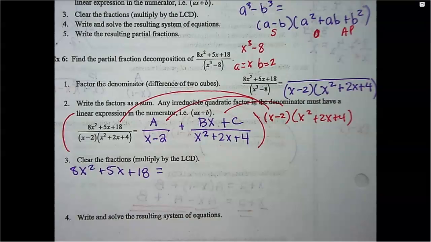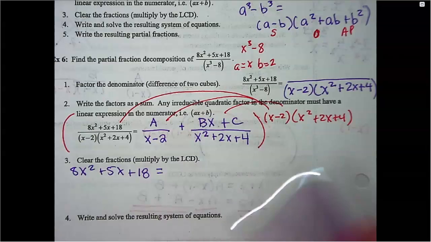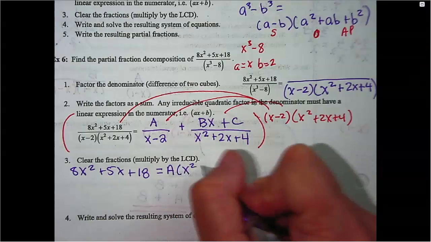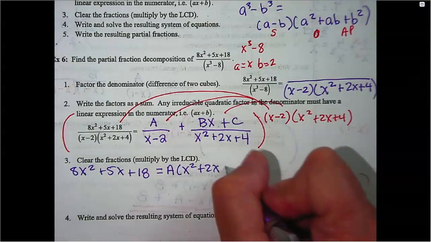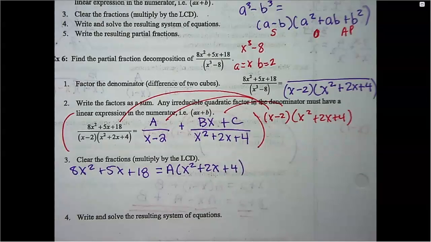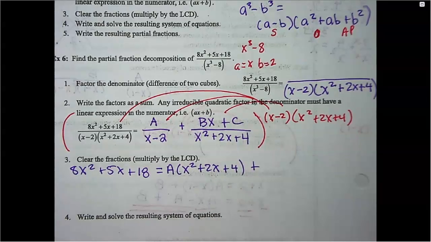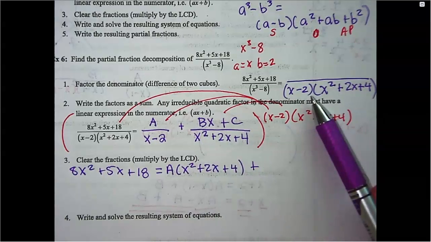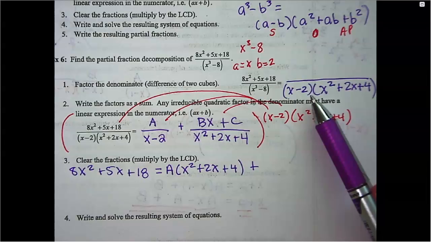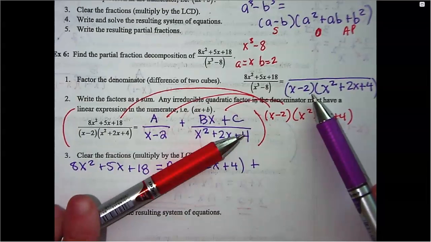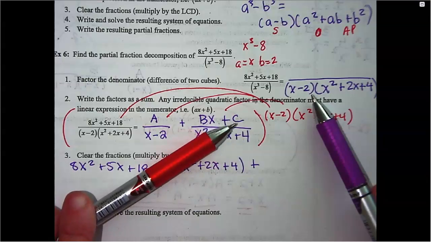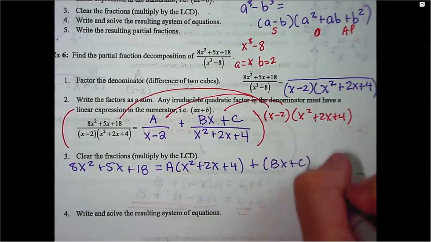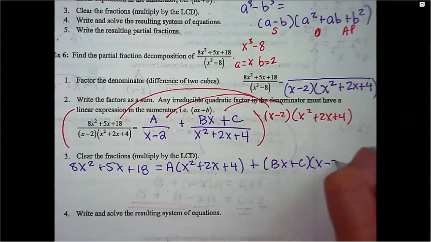Second fraction, the x minus 2 cancels with the x minus 2, and we're left with a times x squared plus 2x plus 4. Plus the x squared plus 2x plus 4 cancels with the x squared plus 2x plus 4, but we're left with bx plus c times x subtract 2. So let's write those down. bx plus c times x subtract 2.